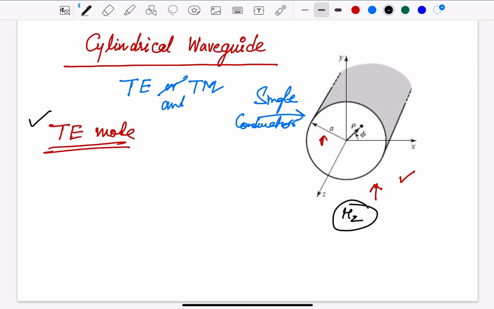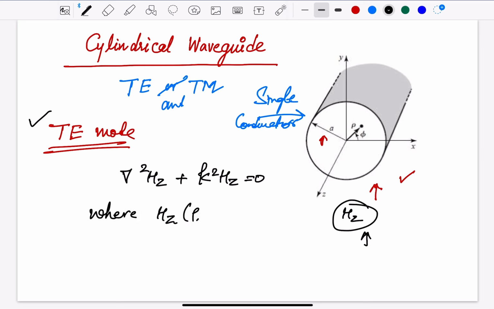This longitudinal field component must satisfy del square Hz plus k square Hz is equal to 0. Now this Hz of rho, phi, z is a longitudinal component, and we wrote it like this: Hz is a function of rho, phi, times e to the power minus j beta z.